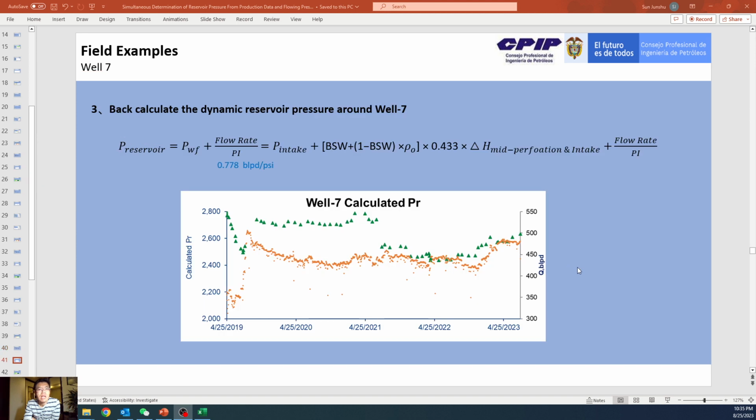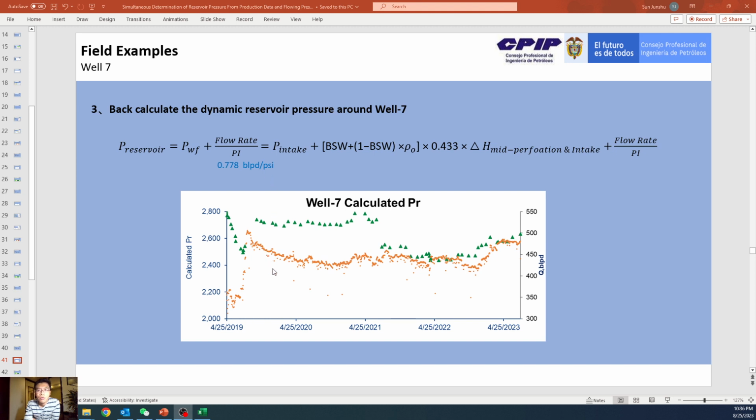Back calculate the dynamic reservoir pressure around well 7. The reservoir pressure here equals flowing pressure plus flow rate divided by the PI. Here, the PI we are using is 0.778 barrels per day per psi.